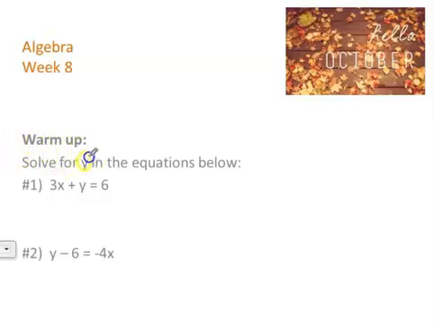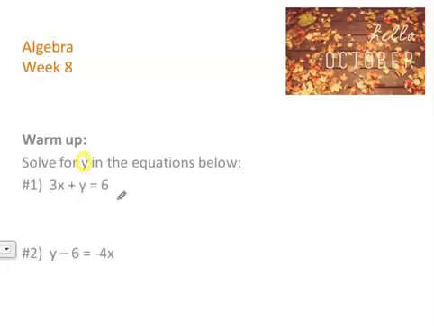So in the warm-up questions below, you are simply going to solve for y in the equations below. You can think of this as solving for some literal equations, but in fact these are linear equations. You go about it the same way that you solve for literal equations, which we did earlier in the school year.